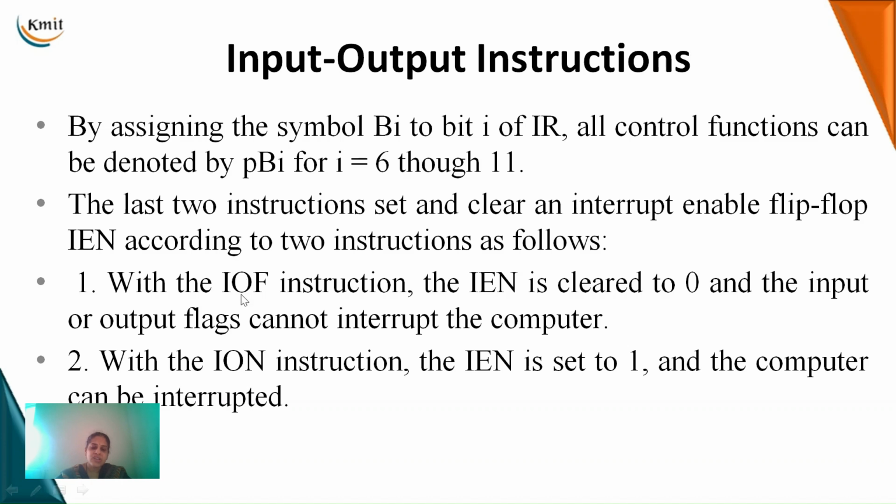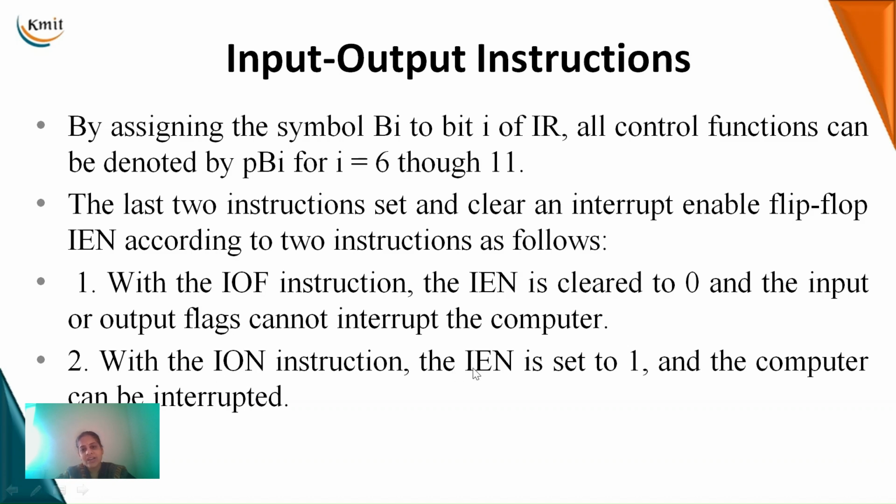For these two instructions, IOF and ION, they are used to set and clear the interrupt enable flip flop. IOF represents interrupt off. When the interrupt enable flip flop is cleared to 0, the interrupt is off, which means the input register or output register cannot interrupt the computer at any point of time.